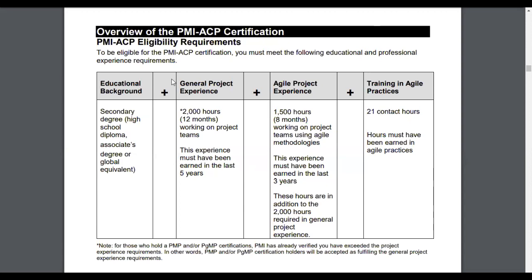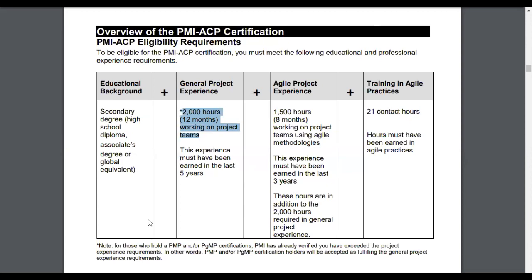If you have those 4 requirements met, then you are eligible for the ACP exam. Do note that these 2,000 hours are within 12 months working on project teams, okay?